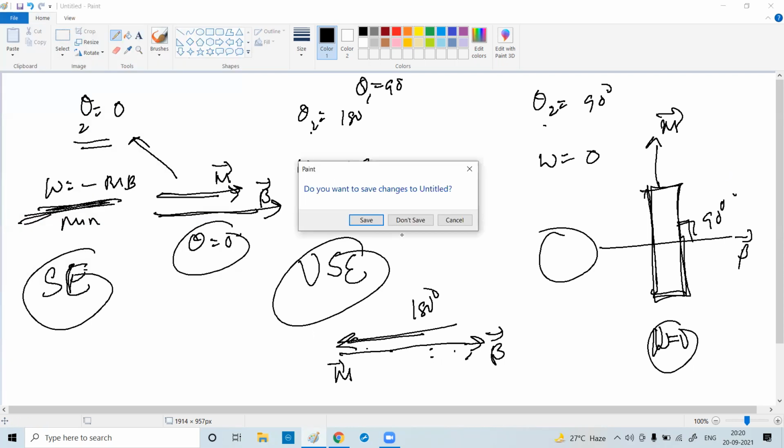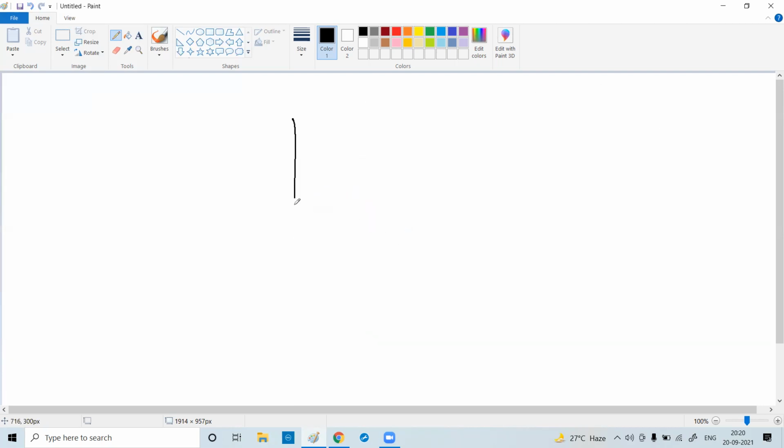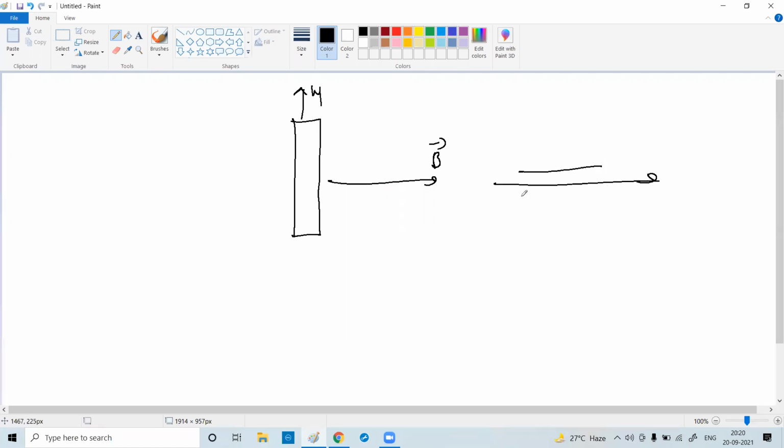Ideally the dipole is in this orientation. This is B, this is the dipole. First you rotate the dipole and keep it like this. This is the first condition. Second condition, you keep it on the opposite side.